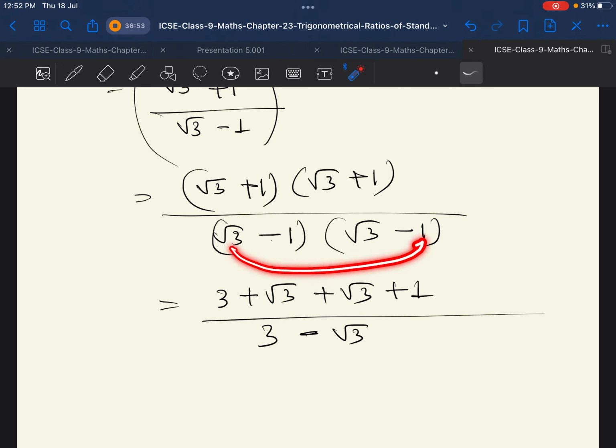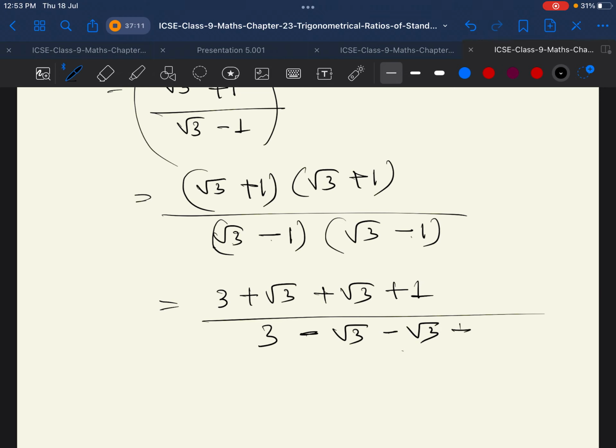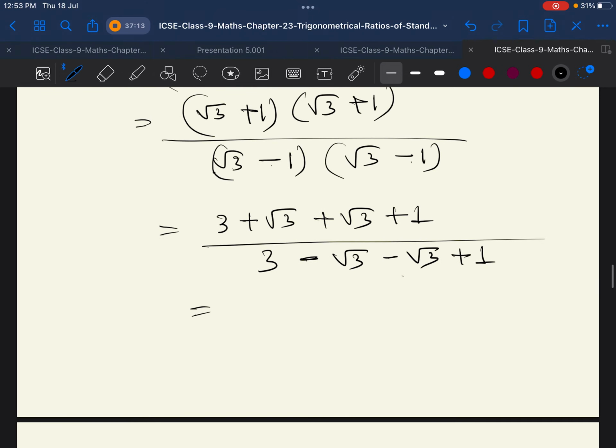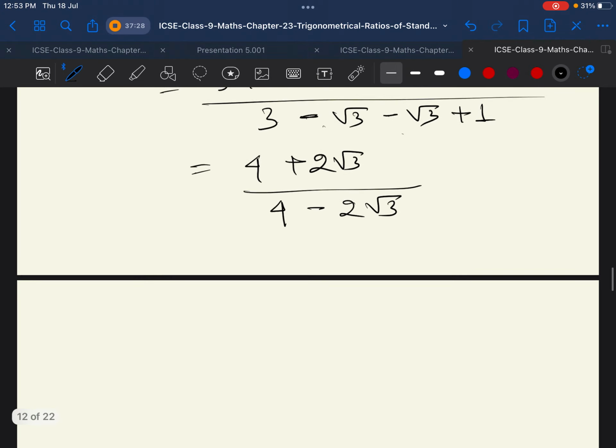Okay, and root 3 into minus 1, this will be minus root 3, and minus 1 into minus 1 will be plus 1. Okay, so here we can write 3 plus 1 is 4 plus 2 root 3, root 3 plus root 3 will be 2 root 3. 3 plus 1 is 4, minus root 3 minus root 3 will be minus 2 root 3.